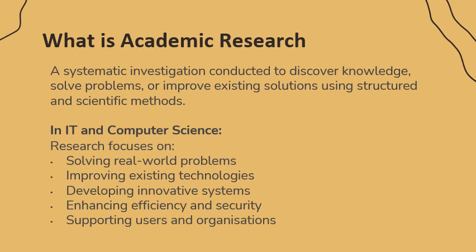In the field of IT and computer science, research primarily focuses on addressing real-world problems by applying logical and evidence-based approaches. It also aims to enhance and improve existing technologies, that is, to make them more effective and efficient while supporting the development of innovative systems and applications.